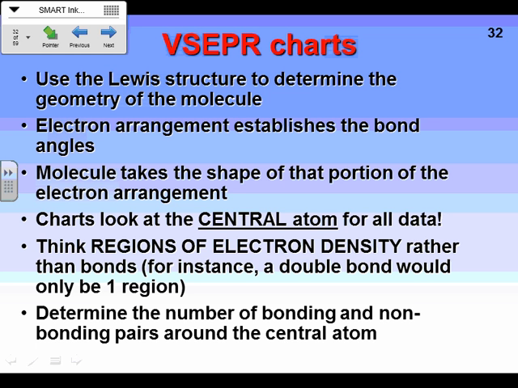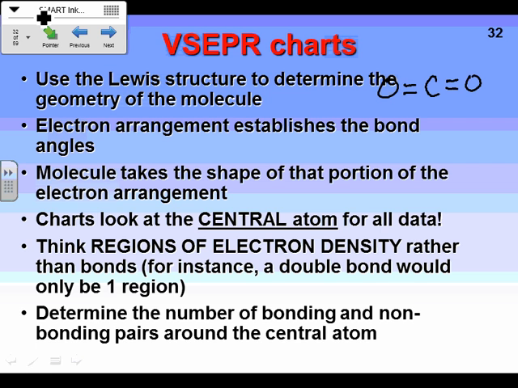Okay? And then you need to think regions of electron density. So this is something else you have to remember here, rather than bonds. Okay? A double bond has to stay together. So remember, with the example we were just doing, if I have something like this, okay, around the central atom, I really only have 2 regions of electron density because these double bonds can't come apart from one another.